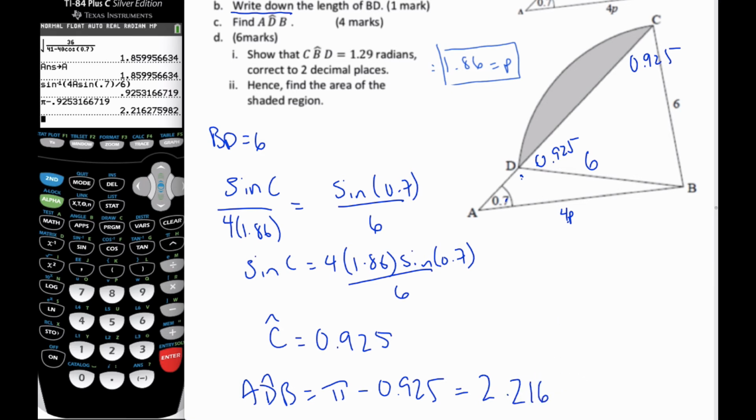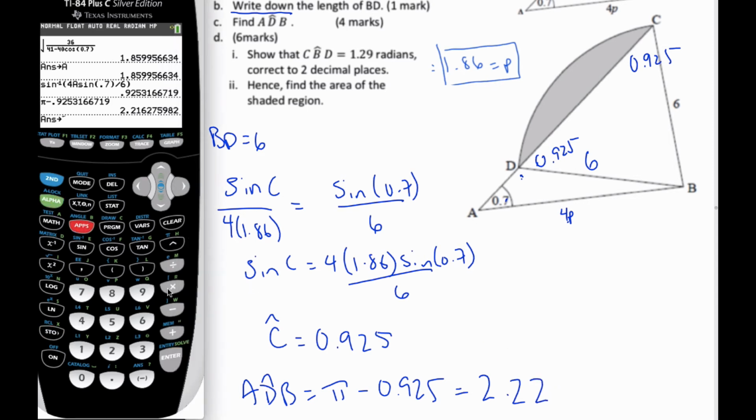So rounding that off correctly, I get 2.2 radians. In case I need that, I'm going to put it into B. So now I have these first two done.